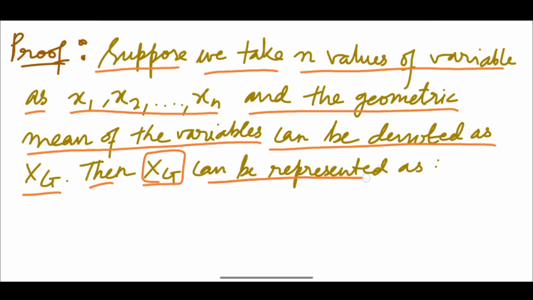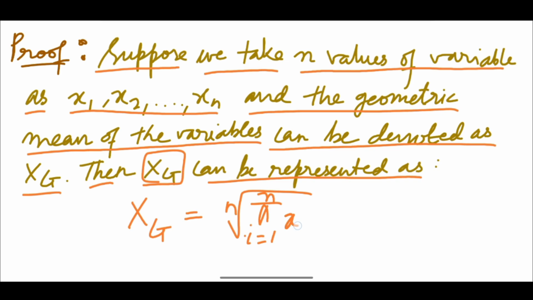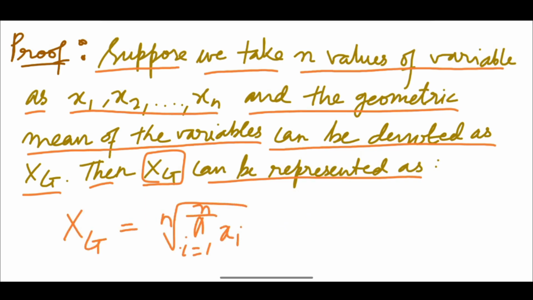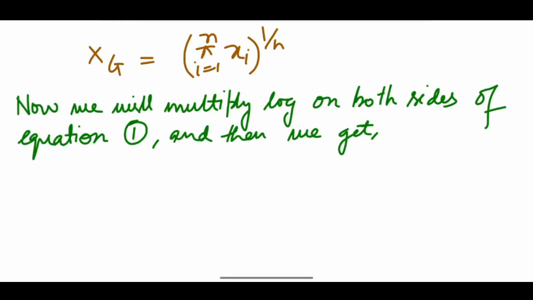Then the geometric mean xg can be represented as xg equals the nth root of the product of the variables, which is represented by the product of xi, where i equals 1 to n, where the product of xi, i equals 1 to n, equals x1 times x2 times up to xn. We can write the formula of geometric mean in this form too.